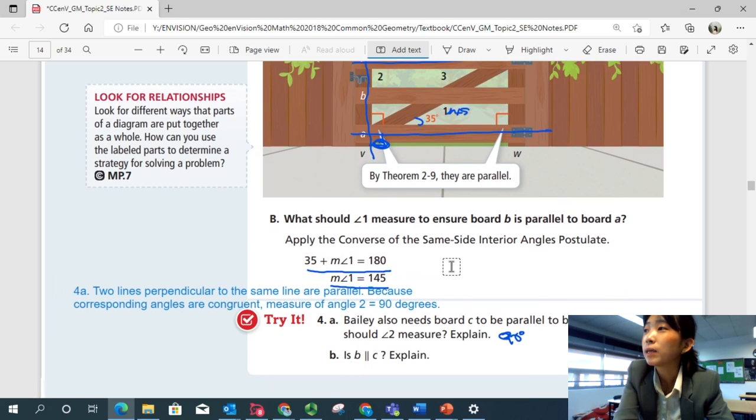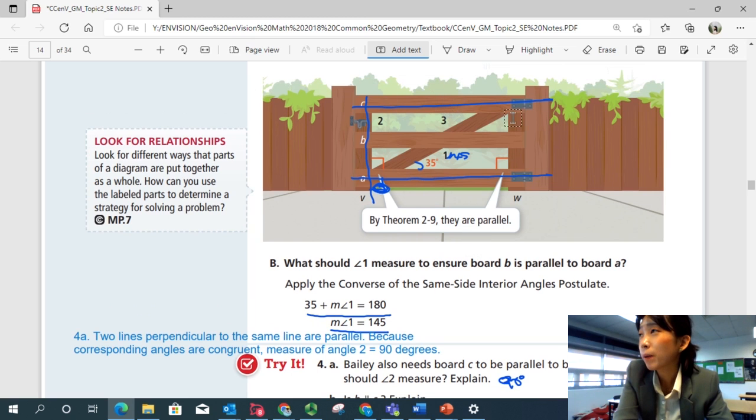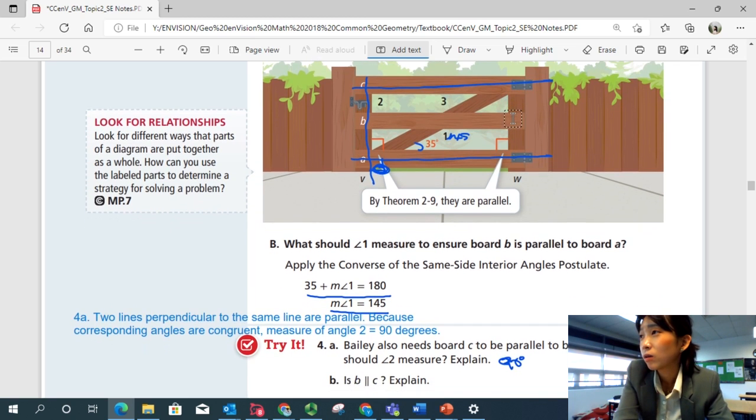What about part B? Are B and C parallel? Yes, they are. But really, how do you know? Can you reason it out? A and C are parallel, right? In order for A and B to be parallel, we saw that angle 1 has to be 145.